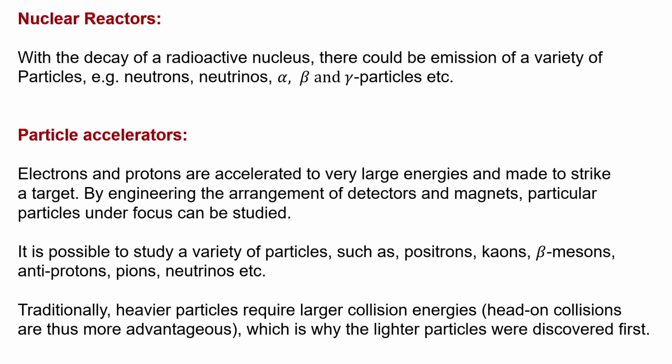And the third one is the particle accelerators, and here particles such as electrons and protons are accelerated to very, very large energies, sometimes several TeVs, and made to strike a target. There is a target, and this target consists of some atoms or ions. They would hit the target, and there will be a flurry of daughter particles or products that would come out, and you can study them.